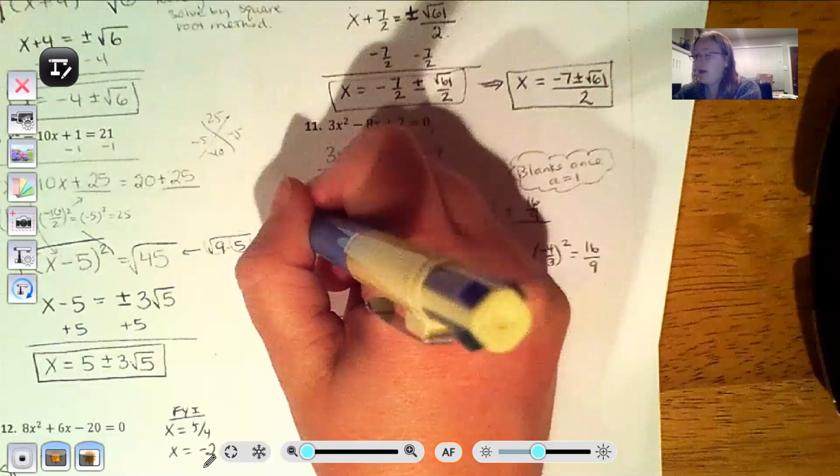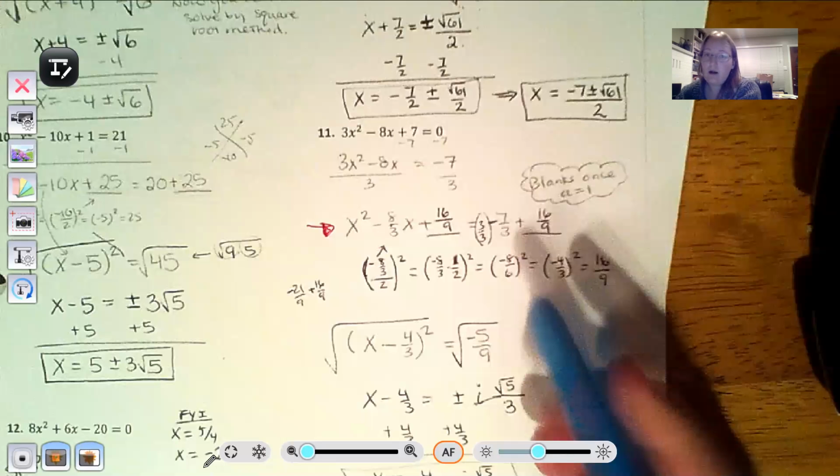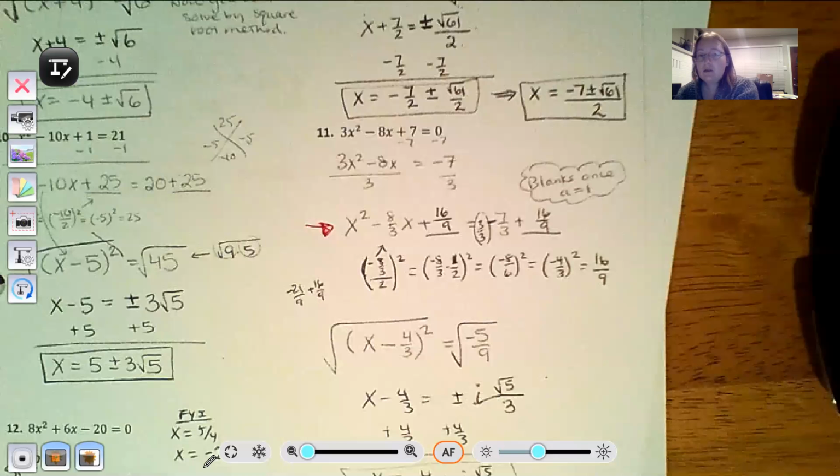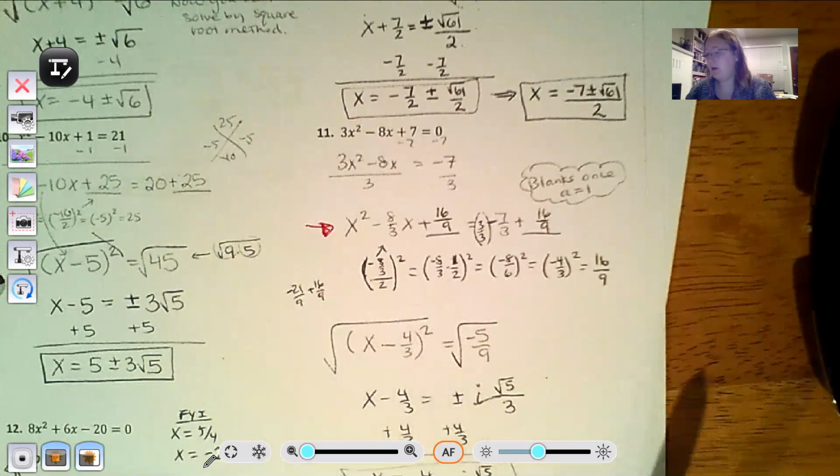You'll notice that that's when I started doing the completing the square, because that method only works when A is 1. The leading coefficient of the quadratic is 1. There is a way to do this where you factor out and you deal with the factors, but this is the cleaner way for right now.